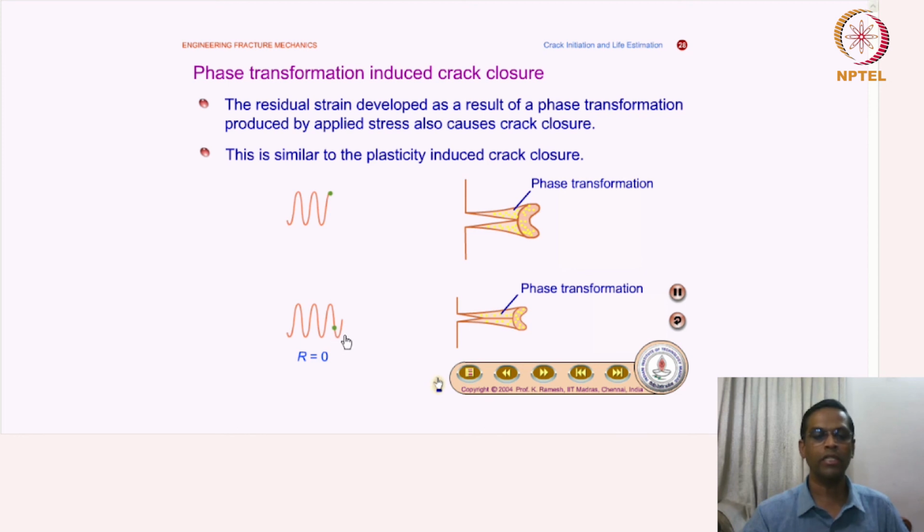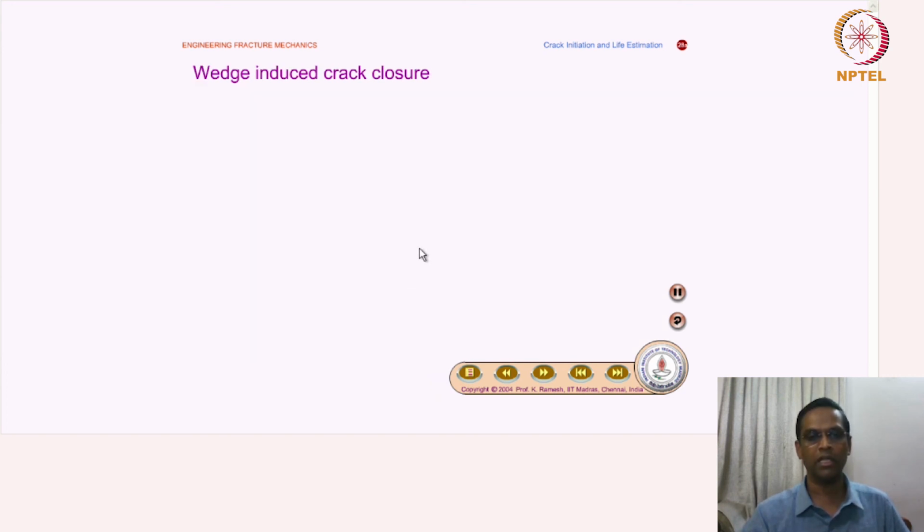Before the load even reaches zero, it tries to close the crack. Similarly, any phase transformation will cause this. In materials science, this is quite popular in improving the fracture toughness of ceramics. I will discuss that in the next chapter and bring this idea up then. Here it is just discussed in a very generic manner. We will take up the specific example and then discuss this.